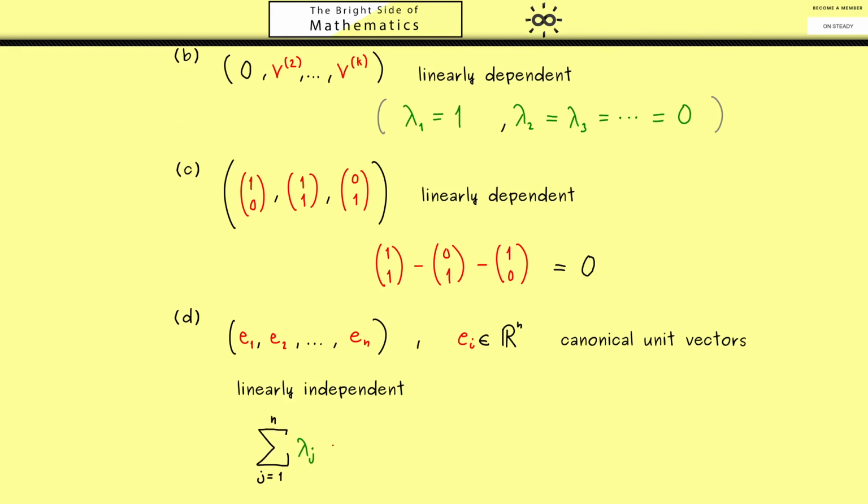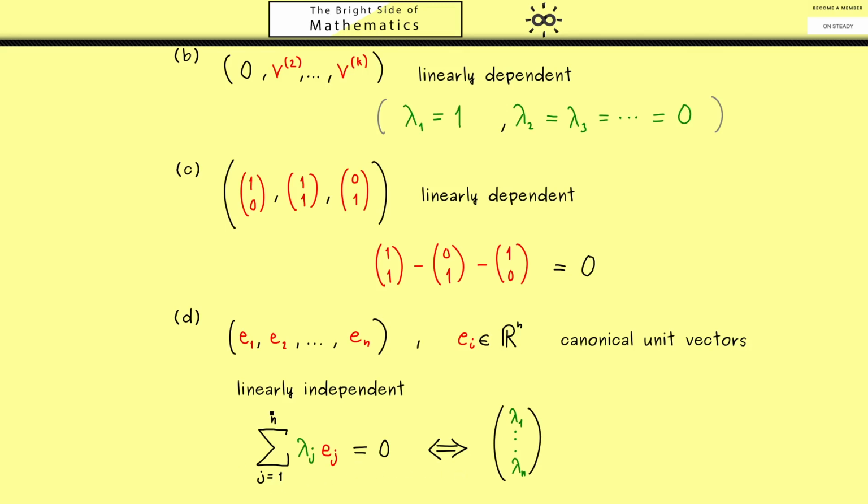So let's just start with an arbitrary linear combination, the sum of lambda j ej. And this one should be equal to the zero vector in Rn. Now, obviously at this point we should use how the canonical unit vectors look like. They have zeros and ones as components, and therefore we get a vector with lambda as components.